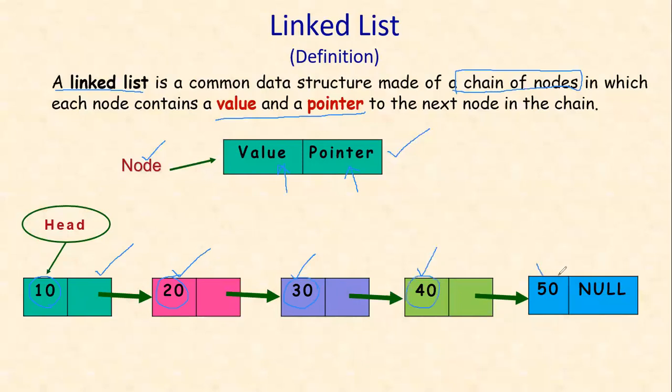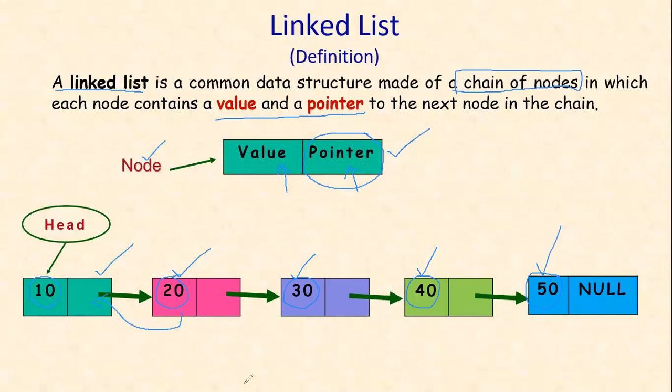Like this, whenever I want to store some value in memory, I will create a node and put the value in that. And most importantly, using this pointer, I will store the address of the new node here.